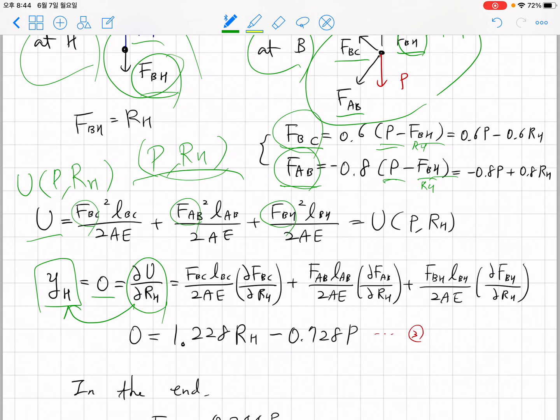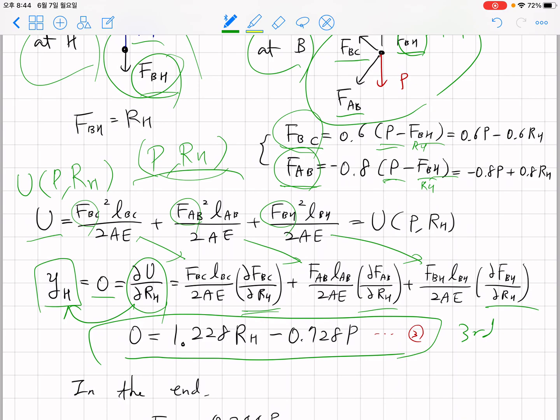If you solve this derivative for each term, you're gonna end up having 0 equals 1.228 RH minus 0.728 P. That will give you the third equation.